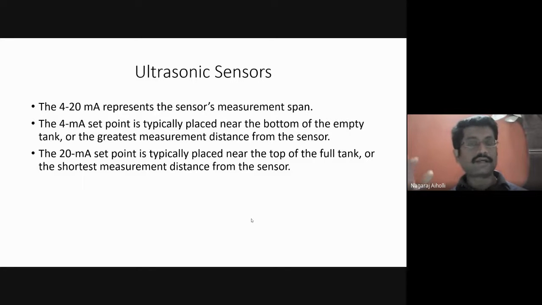If the received signal, after converting the sound signal to an electrical signal, is 4 milliampere, it indicates that the tank or container is empty. Once the sound energy is received by the sensor, it converts it into an electrical signal. If this electrical signal is 20 milliampere, it means that the tank or container is full.